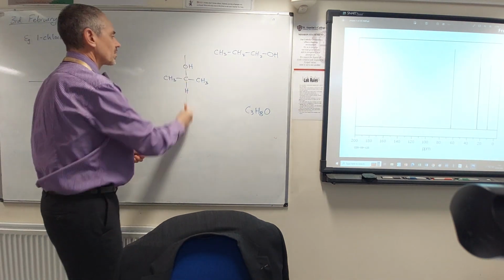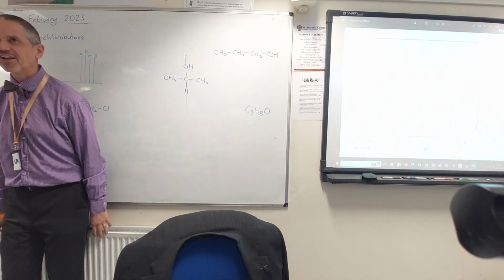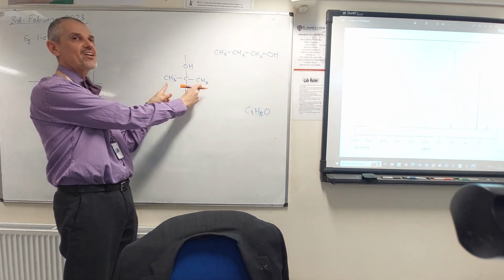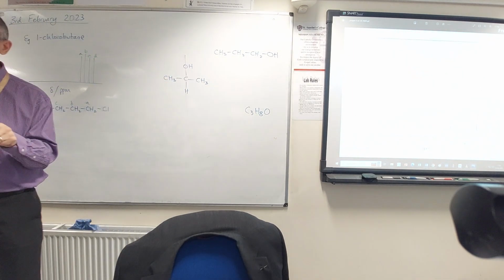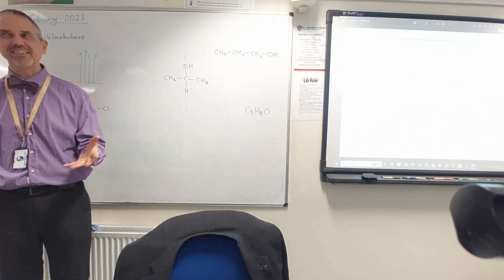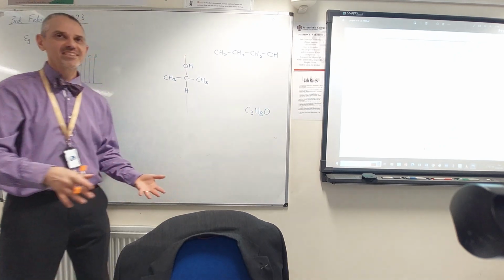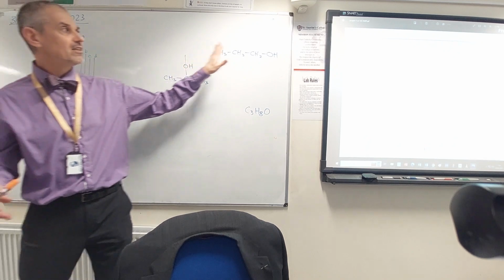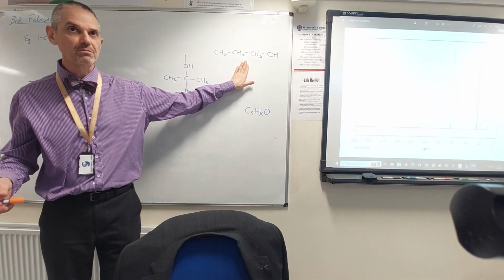I've got a line of symmetry. I mean, it's not quite a line of symmetry because it's tetrahedral. But the important thing is I've got 2 methyl groups attached to the same carbon. Wherever I've got 2 methyl groups attached to the same carbon, they're both in the same chemical environment. So this molecule would only give us 2 peaks. So it has to be propan 1-ol.